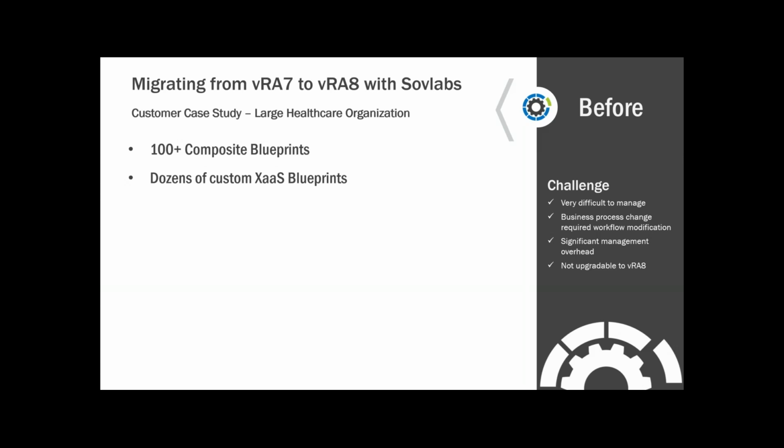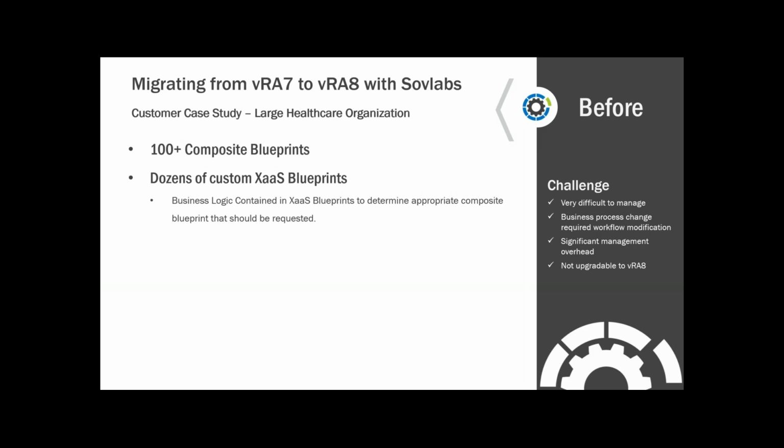Within those XaaS custom workflows, they were doing things like generating the host name, determining placement, determining the network that it should go on, all these different things, which was a combination of custom code that in some cases reached out to third-party systems. The other was just doing business logic that they needed upfront before that composite blueprint was requested from within vRA.